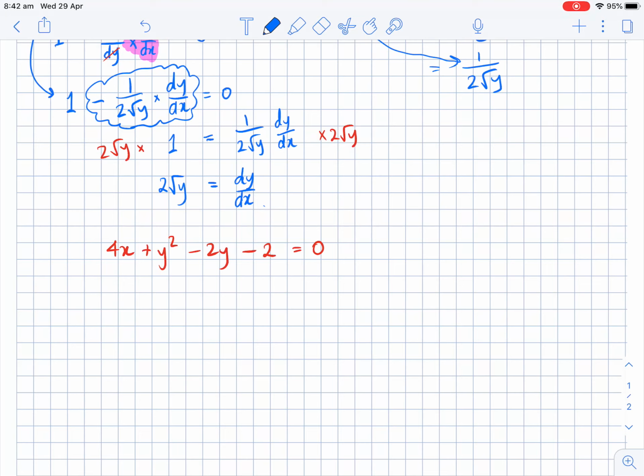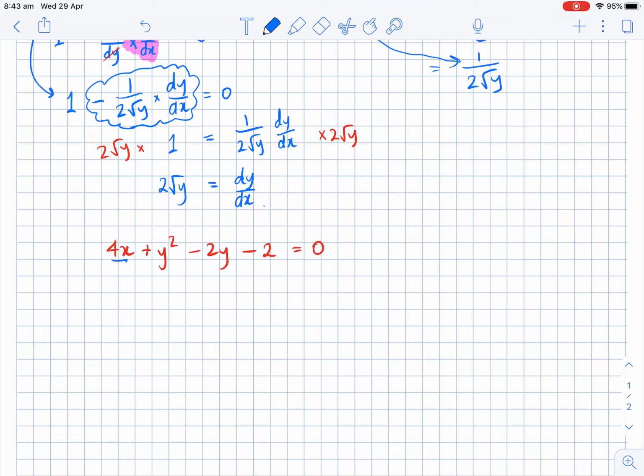So without explaining all of it, I'm just going to remember the idea that with equations, what I do to one side I have to do to the other. So I'm going to differentiate the left-hand side and I'm going to differentiate the right-hand side. And then I'm going to remember when I differentiate anything with a y in it, differentiate with respect to y and multiply it by dy/dx, effectively applying the chain rule. So that will look like this.